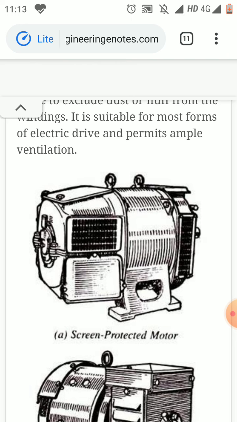It also allows the entry of dust, dirt particles, some water dripping and chemical vapors into the machines. These are used where clean and dry conditions are there. These types of screen protected motors will be used there.